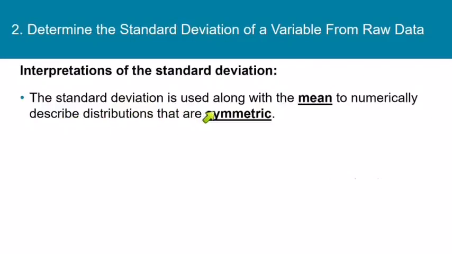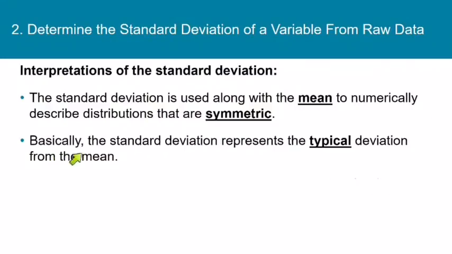The standard deviation is used along with the mean to numerically describe distributions that are symmetric, because if you have the mean and standard deviation, then you have the center and spread of a data set, and those are two of the most important characteristics. So you'll see mean and standard deviation used to describe symmetric data, and then you'll typically see other values used to describe skewed data.